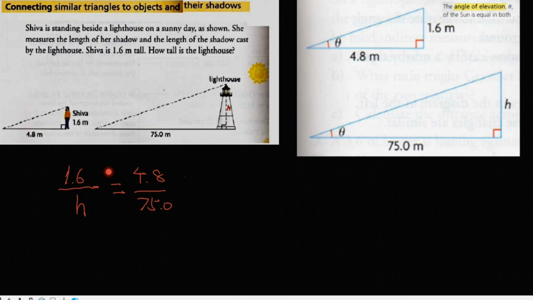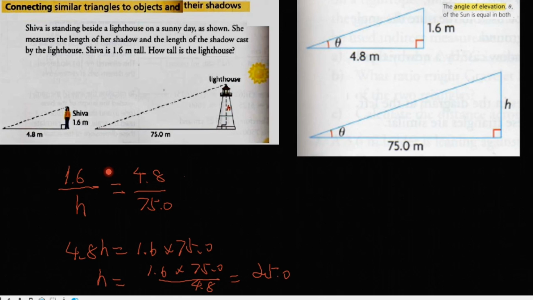In both triangles, the corresponding side lengths should be in the same ratio. So we calculate 4.8h equals 1.6 times 75.0. Both sides divided by 4.8: 1.6 times 75.0 divided by 4.8. I already calculated it. It's 25.0 meters, right? So the lighthouse is 25 meters tall.